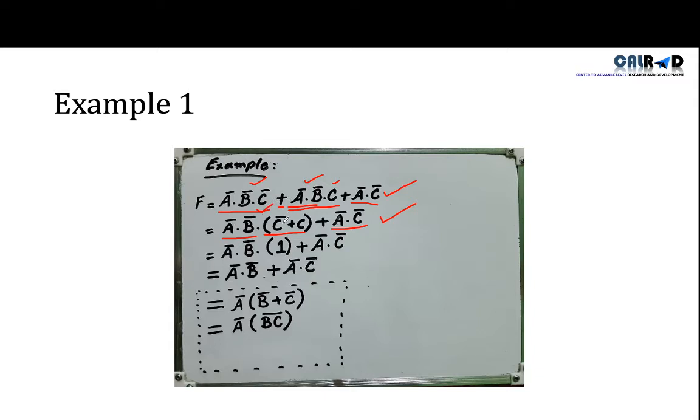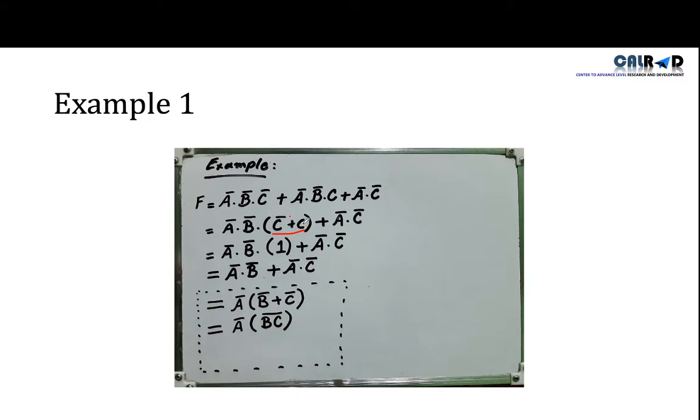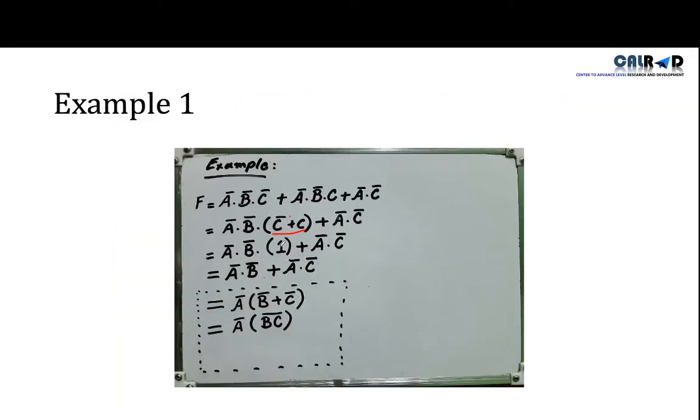Now we will see C bar plus C. Is there any rule we can apply to it? We know A bar plus A is equal to 1, so C bar plus C should also be 1.